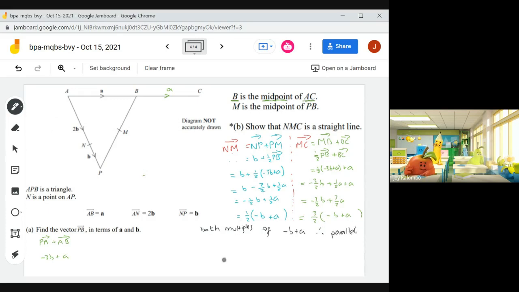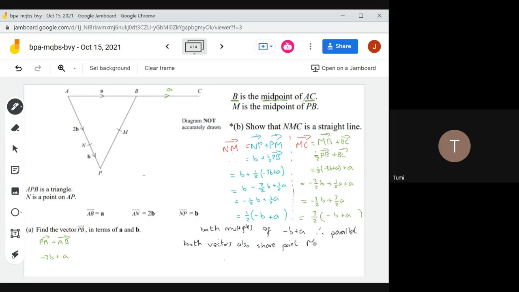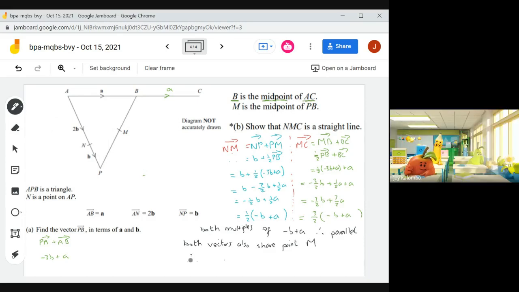But also more than that, to prove that it's a straight line, we say both vectors also share point M. So we've got two lines that are parallel, and we've shown that there's 1 point they have in common. So therefore, NMC is a straight line.